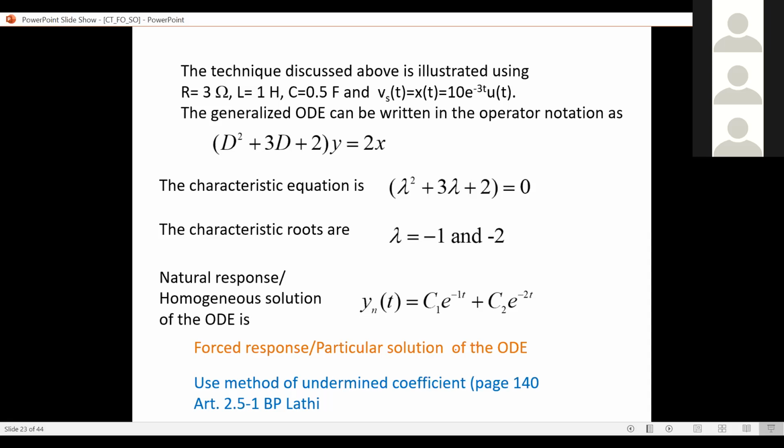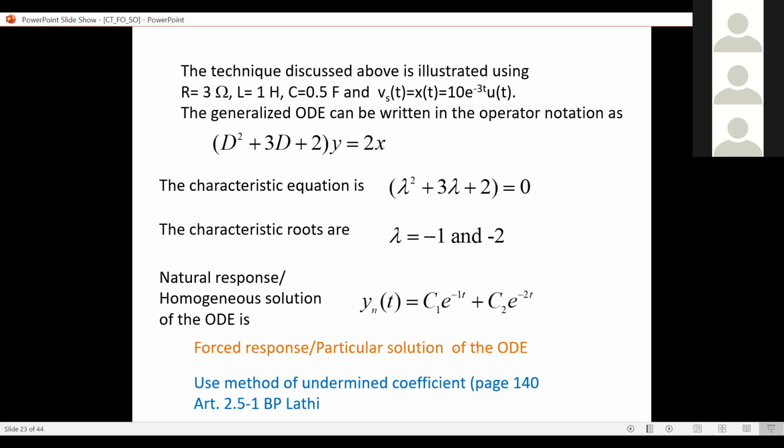Now let us go quantitatively. In your first circuit, the RLC, the following, although those things are not new, you have already studied in your second course of electrical circuit, but we'll simply revisit it.